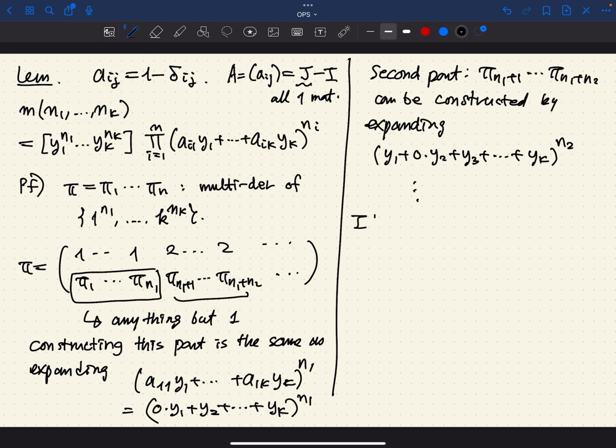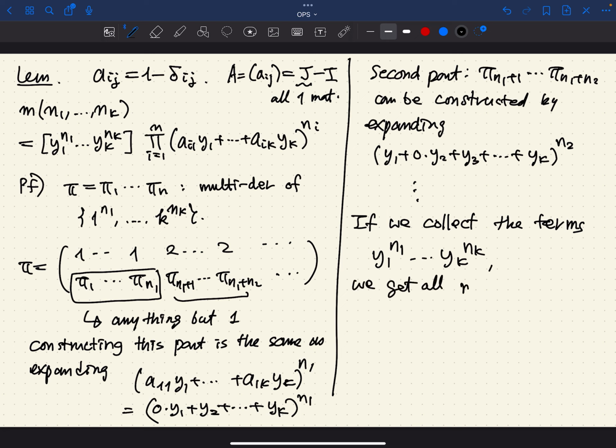So if we collect the terms y1^n1, ..., yk^nk, we get all multi-derangements of 1^n1, ..., k^nk. That's the proof.